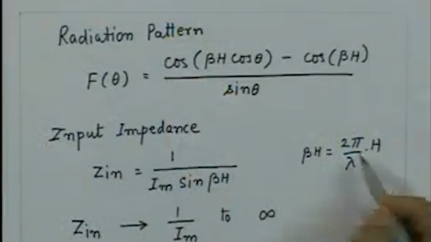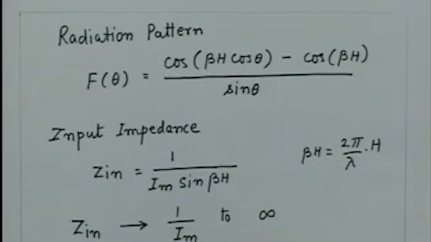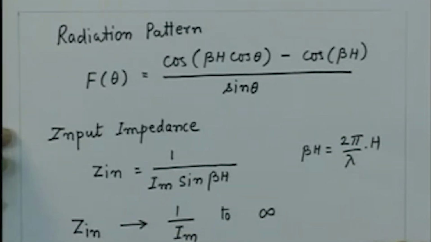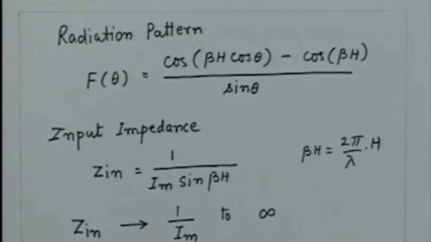If I consider now h equal to lambda by 4, then this beta h will be pi by 2, and I will get the minimum input impedance of the antenna. So, this value essentially corresponds to h equal to lambda by 4, and this value corresponds to h equal to lambda by 2.